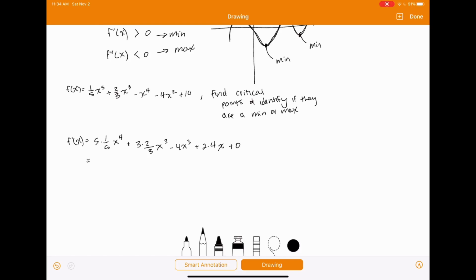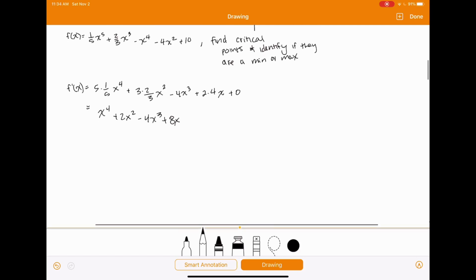Simplify that, we're going to get x to the 4th plus 2x cubed minus 4x cubed plus 8x. Forgot to subtract 1 on that one, so that should be x squared right there. That should be x squared right there. Okay. Yeah, we're good. We're ready to go.